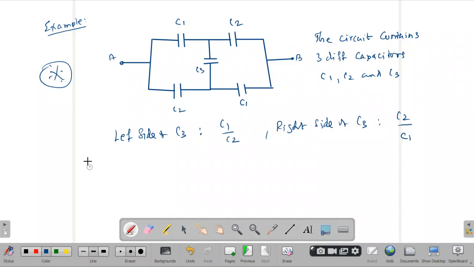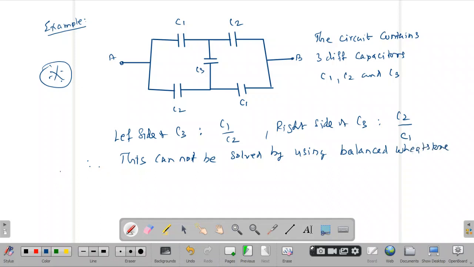So remember student, this cannot be solved by using the balanced Wheatstone bridge. Then use this formula.